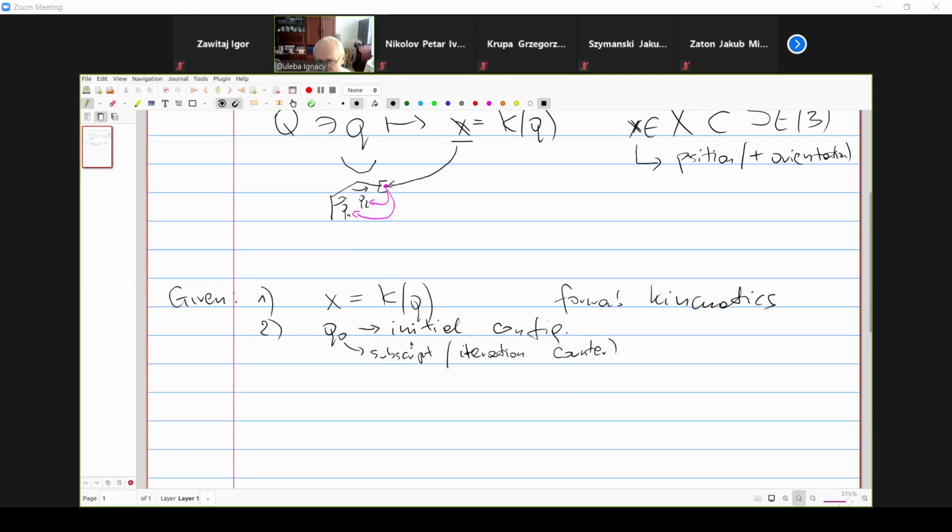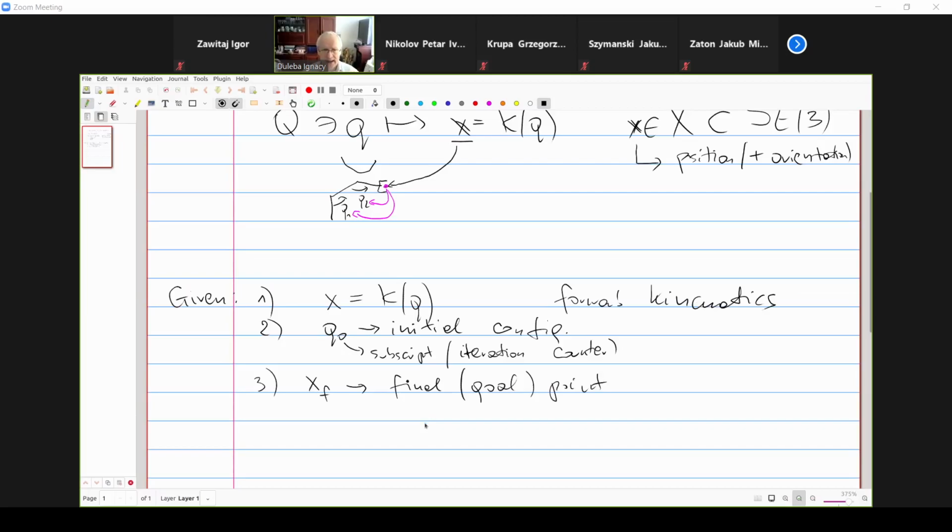So at the initial configuration, we set the iteration counter to 0. And third, XF, the final, or sometimes called goal, point.